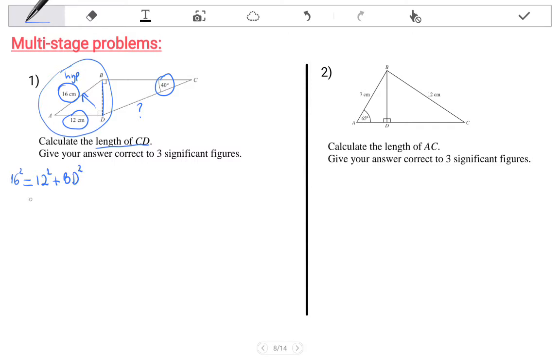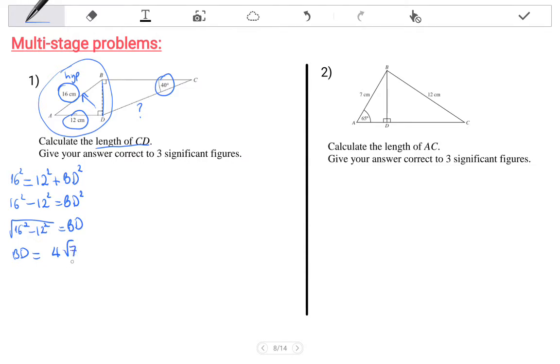Now leave BD alone, so 16 squared minus 12 squared equals BD squared, and take the square root of this calculation and use your calculator to get the value. So BD is 4 square root 7.